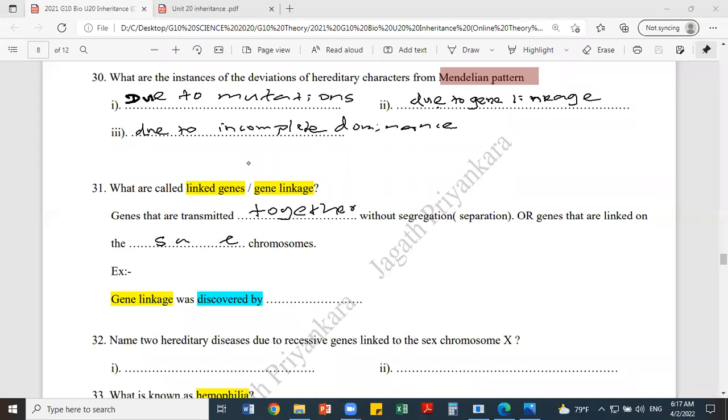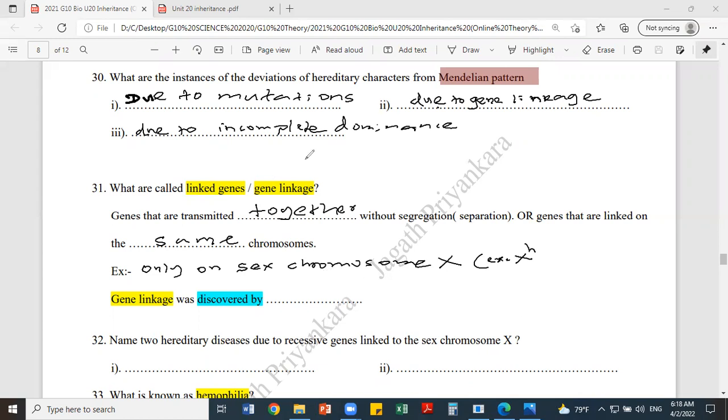Sometimes genes are linked on the sex chromosome X only. You can write here, example within brackets: X^h, hemophilia. So this recessive gene, or this gene responsible for hemophilia, is linked only to the sex chromosome X. That is called sex linkage.